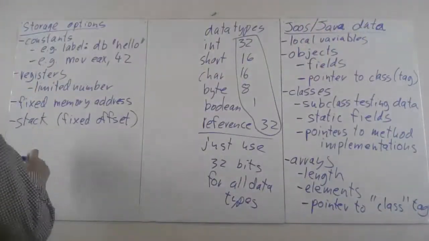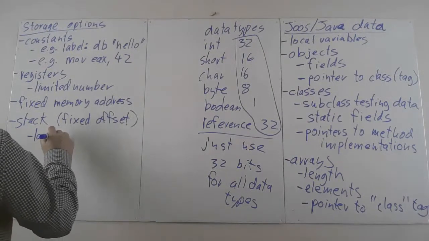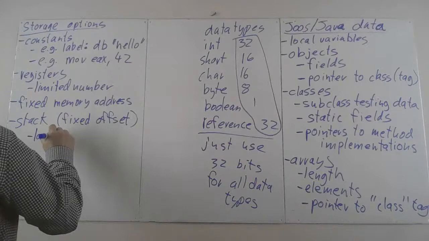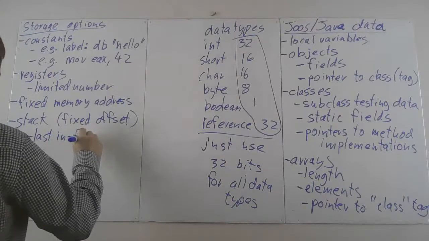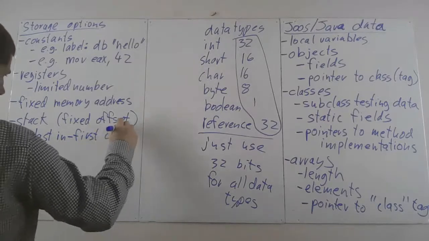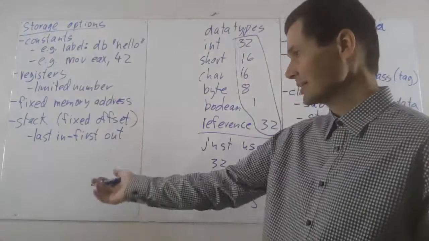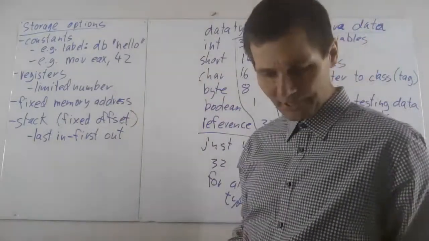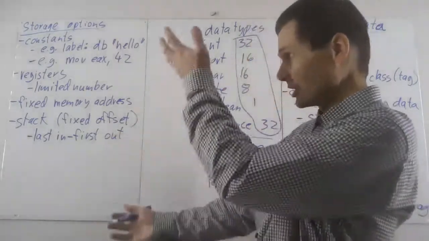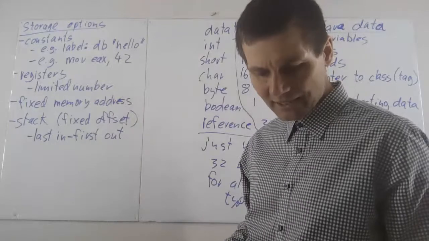And so this is good for data that you create in a last in, first out order, right? Because that's how stacks work. You push things on them, and then you pop the last thing you pushed first. So any data that kind of follows a last in, first out order makes sense on the stack.